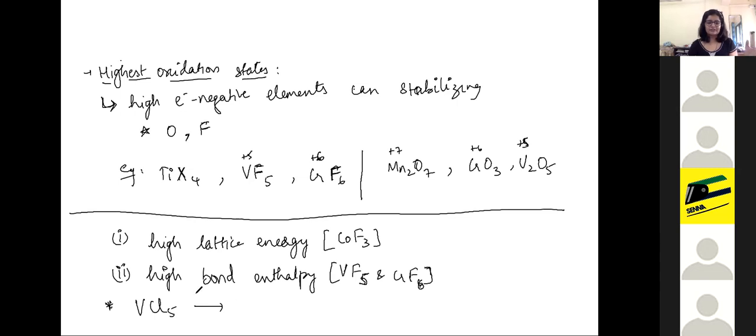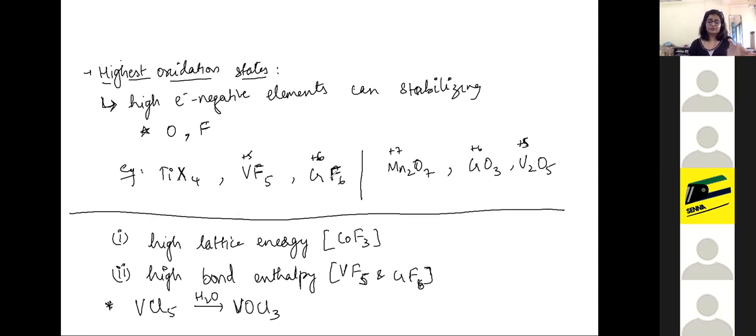So VCl5 in the presence of water is going to give you VOCl3. Here also the oxidation state is +5, but it is not stabilized by the halide alone. Oxygen gets into the mixture. So only with fluorine is it able to stabilize V+5.